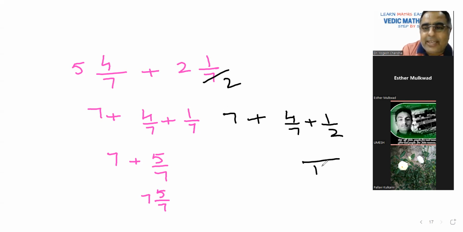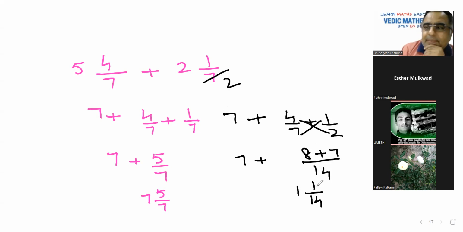So that means 14, 8 plus 7 cross multiplied, 15. That's a simple thing. So 15 by 14, which means 1 by 14. Any doubt? No doubts.